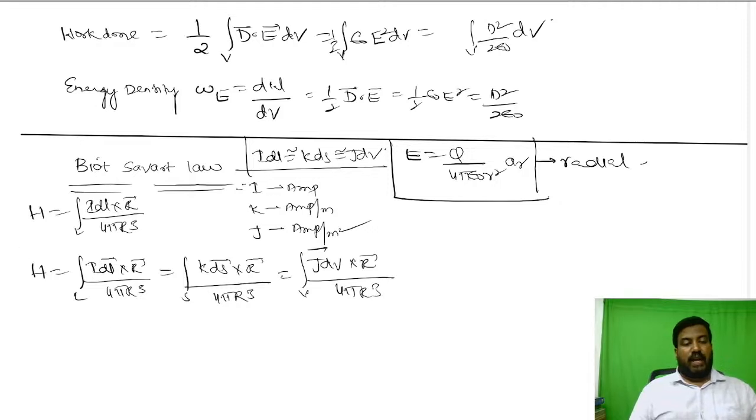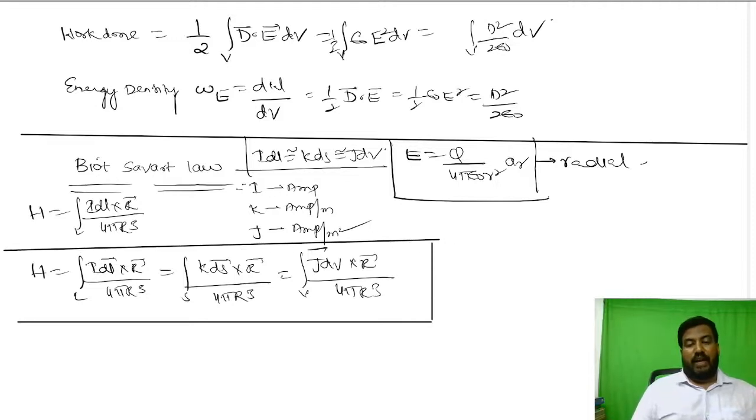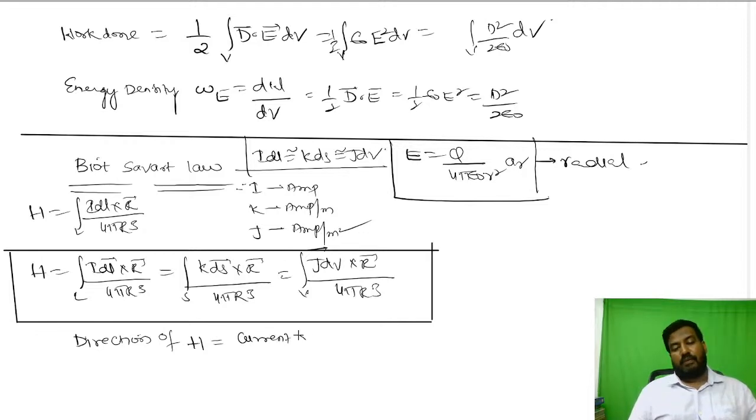From this, it is very clear that unlike electric field, magnetic field is not radial, but rather the direction of magnetic field is a resultant of current cross radial.